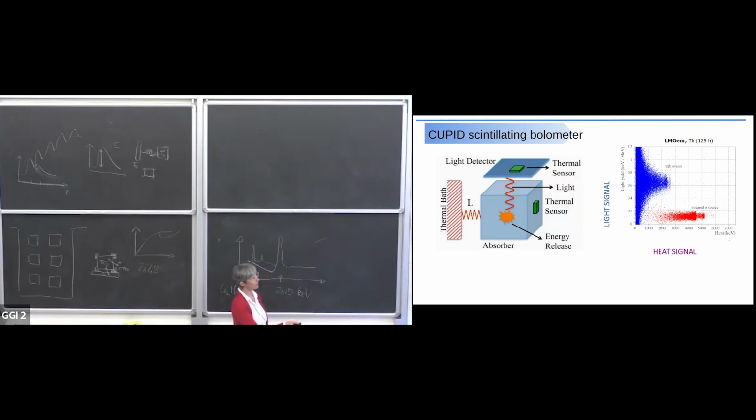So you are not sensitive to, and moreover, no, this is really the light yield. I mean, you have some slope, but you cannot see it very well.